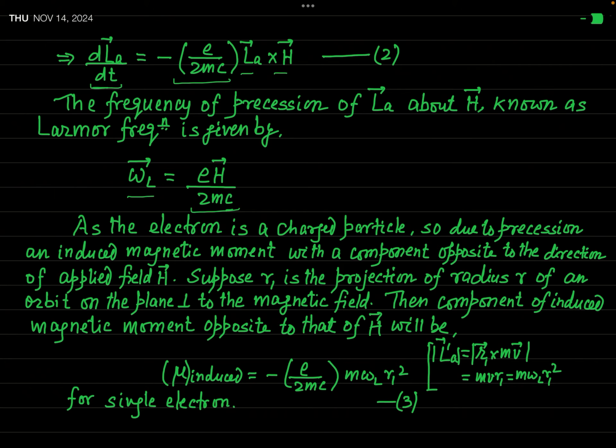So this equation 2 predicts that the plane of the orbit is not stationary but precesses about H. And since the electron is a charged particle, due to precession an induced magnetic moment with a component opposite to the direction of the field will be produced.